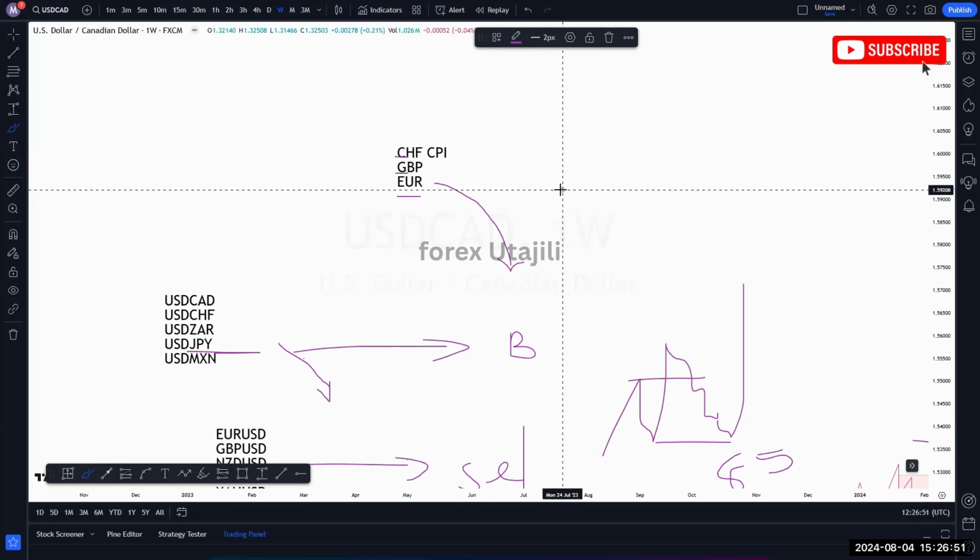Yes, every pair. There's GBP CPI, Euro CPI, USD CPI, because we are dealing with different countries, and every country has a different economy and a different way of running its currency.